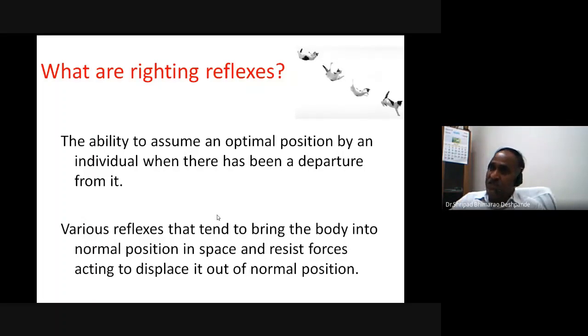I just mentioned these are coordinated sequential reflexes which try to orient the body and its parts in relation to head in space. Body and its parts in relation to head in space. That are the righting reflexes. The ability to assume optimal position by an individual when there is a departure from it or when he is being challenged.